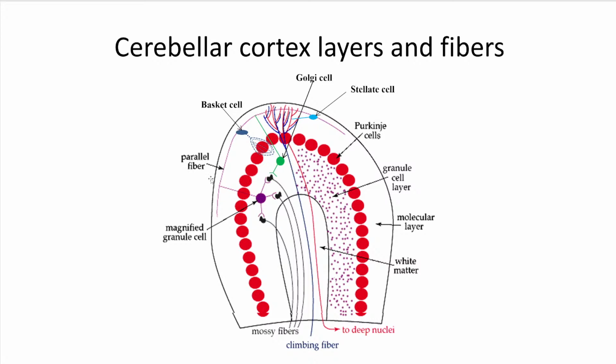It is called a parallel fiber. You see this T-shaped connection and multiple parallel fibers running on top, and only on this level the Purkinje cell expands its dendrites to grab parallel fibers.